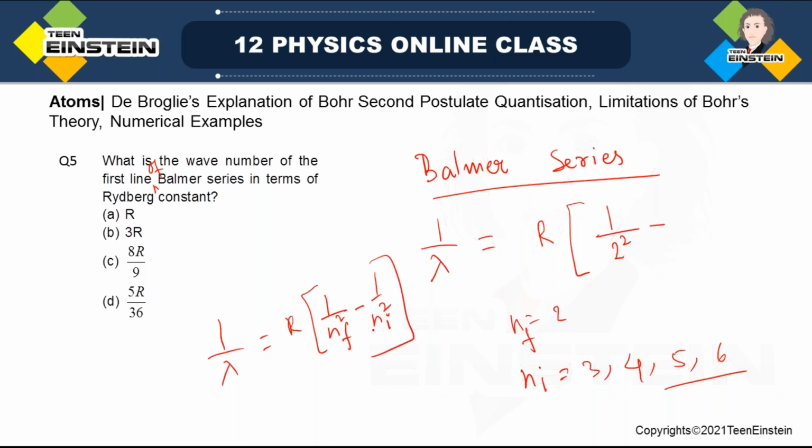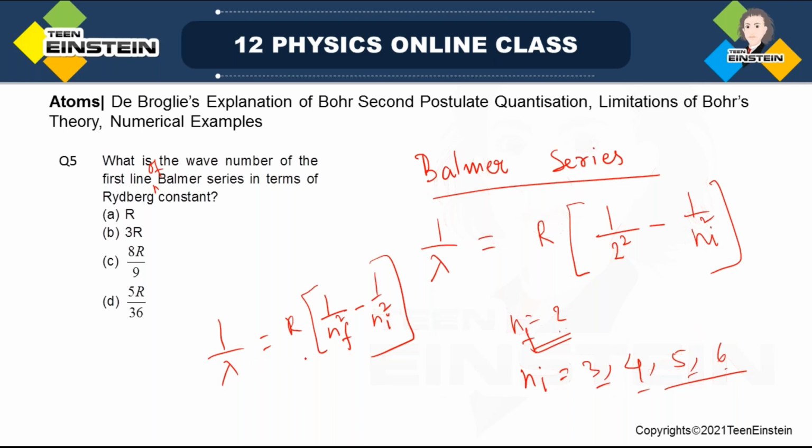So where the transition is happening, if it is coming from either 3, 4, 5, 6, anything, into the second orbit, n_f is equal to 2, then it is called the Balmer series.